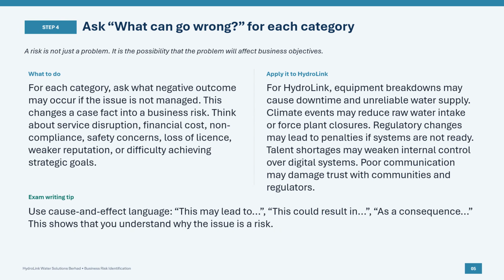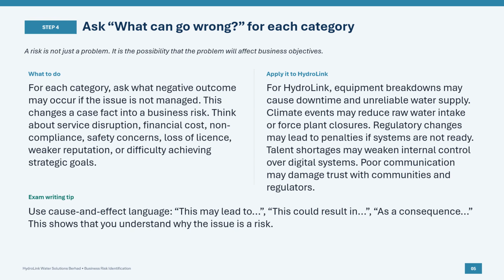For example, in the dry season, no raw water for you to produce, or forced plant closures. Regulatory changes may lead to penalties, underline the penalty, if systems are not ready.